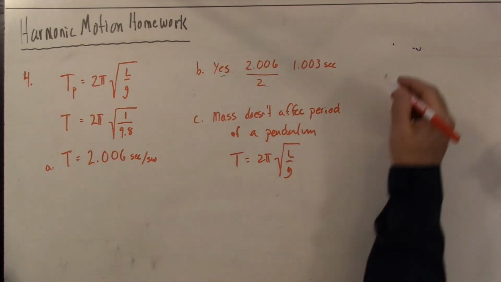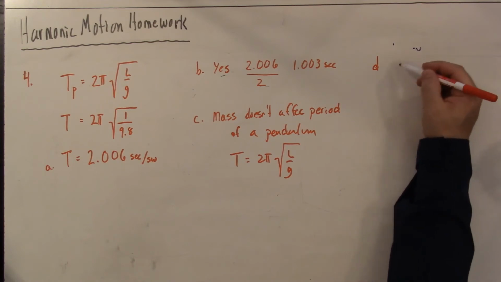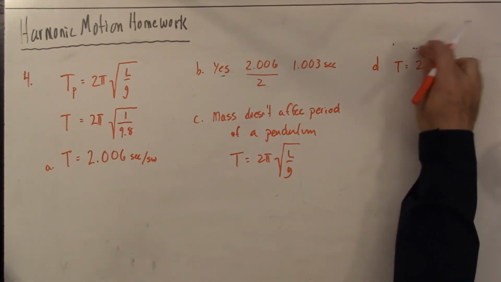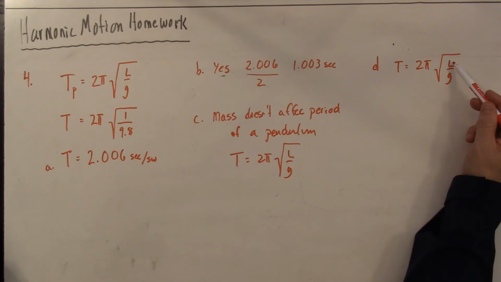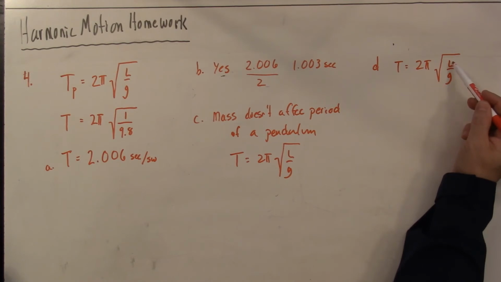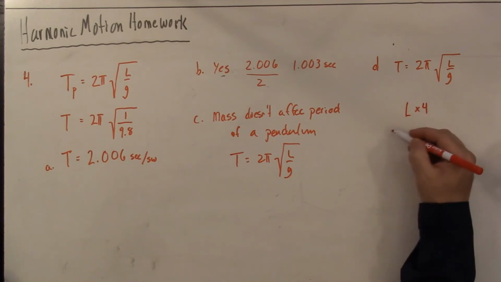Here's a question I really like. It says, D, what would you have to do to the length to get the period to double? So if I have 2 pi times the square root of L over G, if I just multiply the length by 2, because it's under the square root, this isn't going to double. So what would I have to do to the length to get the period to double? And the answer is, I have to take the length and multiply it by 4.